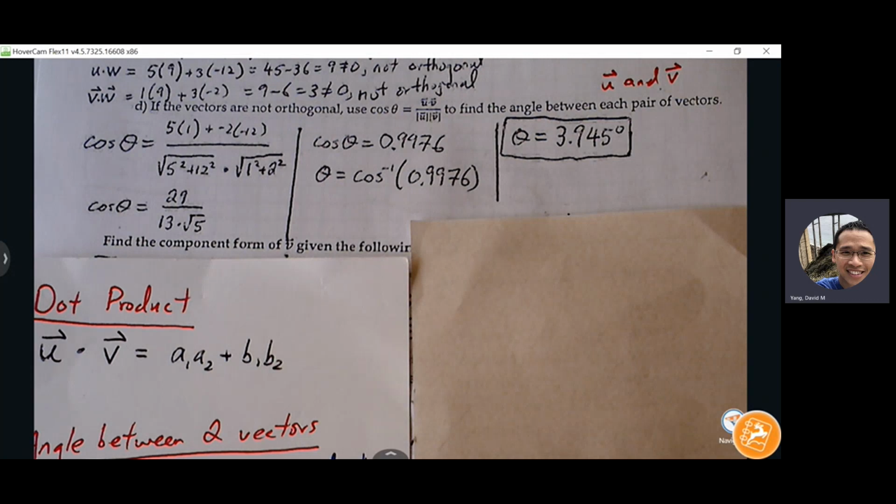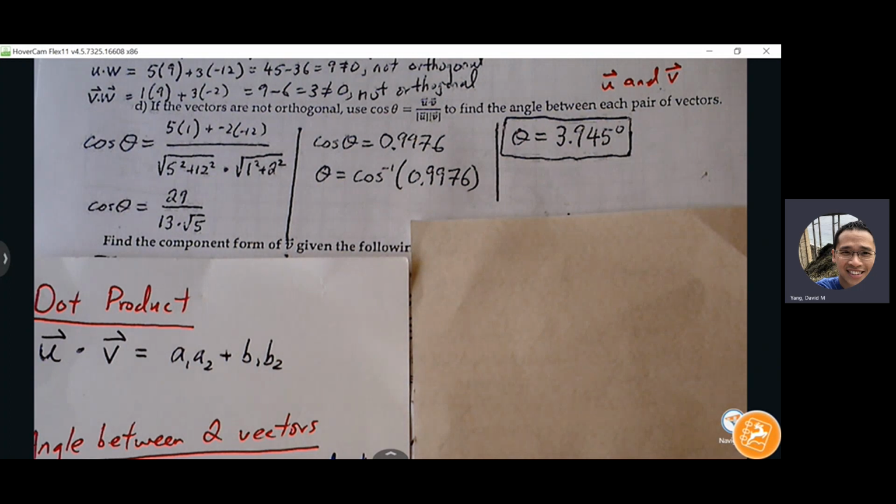Okay, so pick vectors U and vector V, do the dot product. So 5 times 1, we pair the horizontal components together, pair vertical components together, add the two together, we get 29. And in the denominator, we take each of the vectors separately, and we find the magnitude, square root of a squared plus b squared. Get that all down to a decimal value, and then just do inverse cosine. Make sure you're in degree mode.